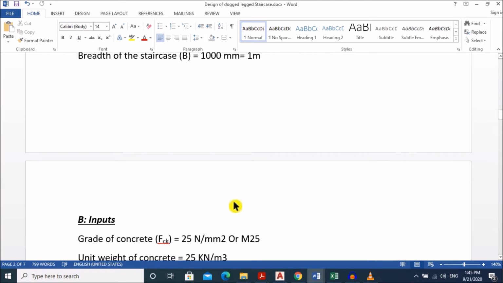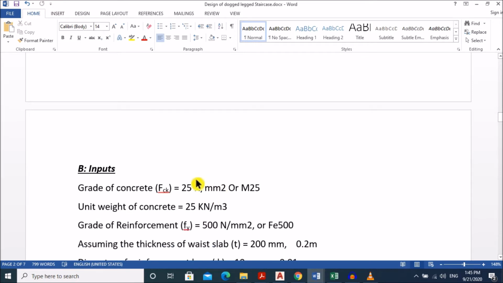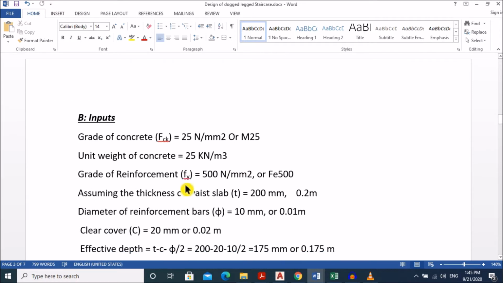After we arrange the staircase architecturally, now we have to go to the structural design of the staircase. The structural inputs are grade of concrete fck 25 Newton per mm square or M25. Unit weight of concrete is 25 kilonewton per meter cube. Grade of reinforcement is 500 Newton per mm square or Fe 500.